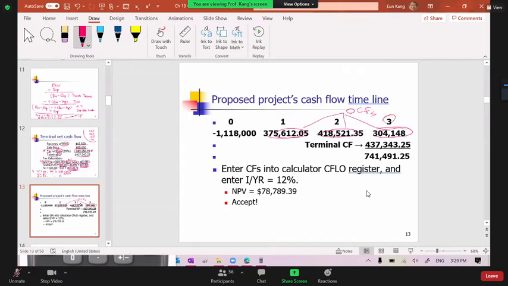But in year 3, the terminal year, there are not only operating cash flows, but also terminal cash flows. So you have to add operating cash flows and terminal cash flows. So this is net cash flow. Initial year cash flow, net cash flow 0, net cash flow 1, net cash flow 2.